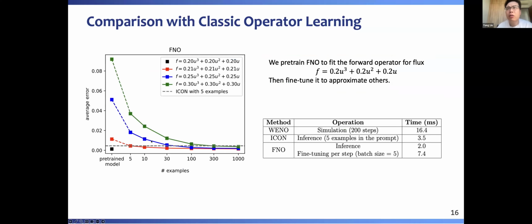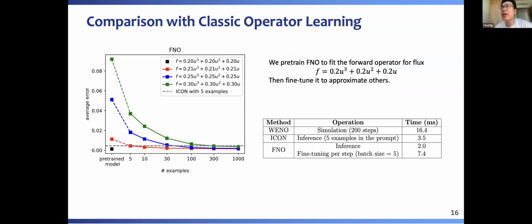So this is the same size, the same number of parameters. With sufficient training data, this is kind of weird, because for the FNO, if you want to train it to fit one operator, you need a lot of data.